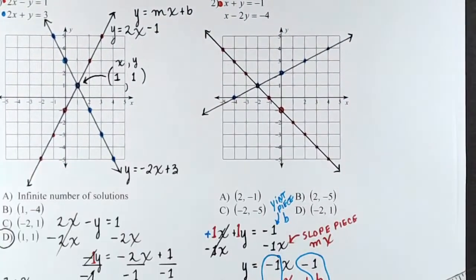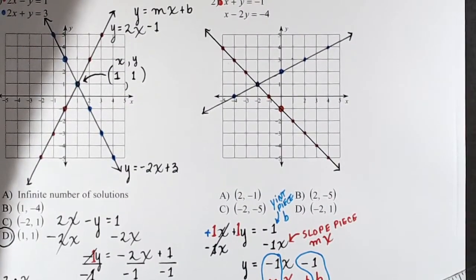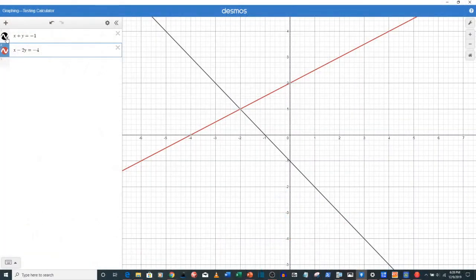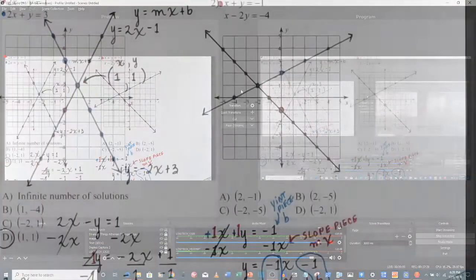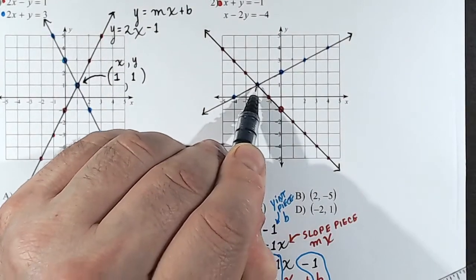Now does that look like the picture that we saw when we put it in Desmos? Let's turn on both equations. Yep. And they cross here in the Desmos at negative 2, 1. Where do they cross on our graph? Negative 2, 1.